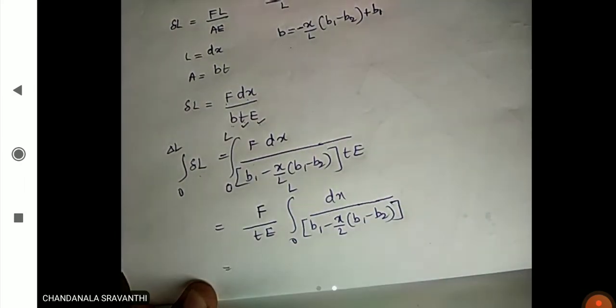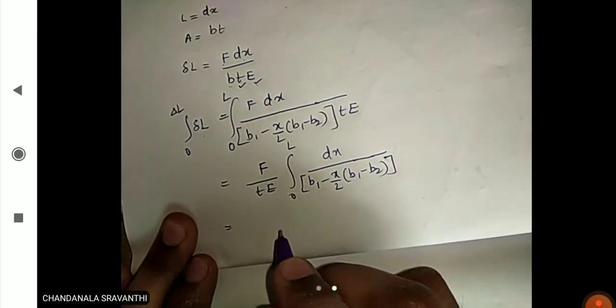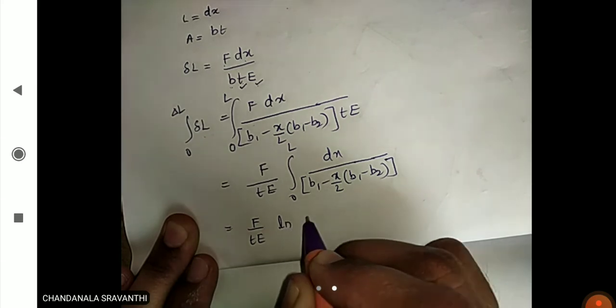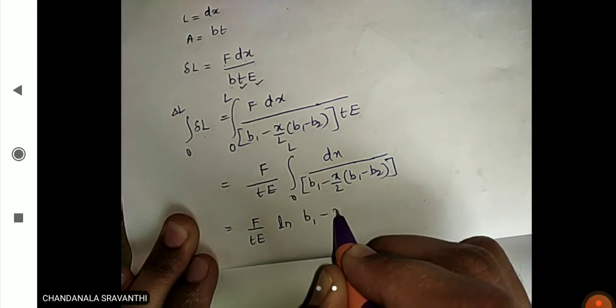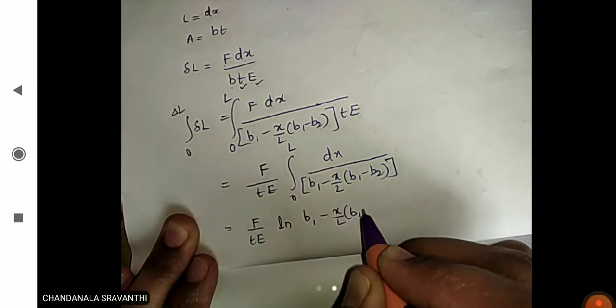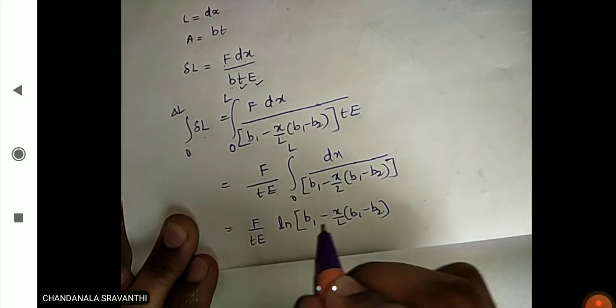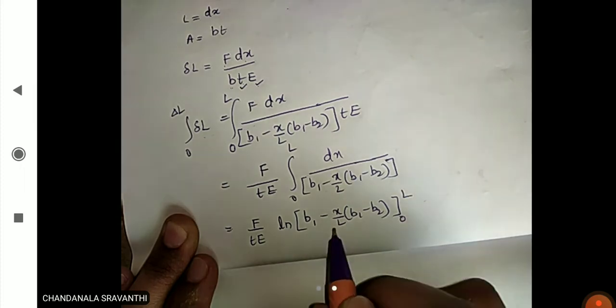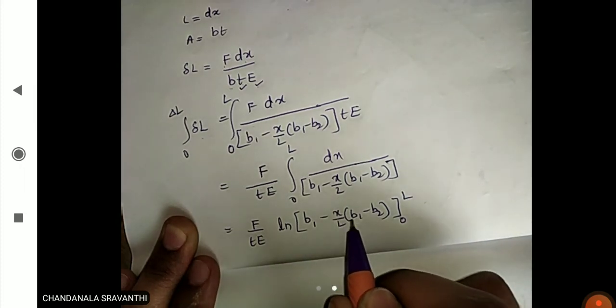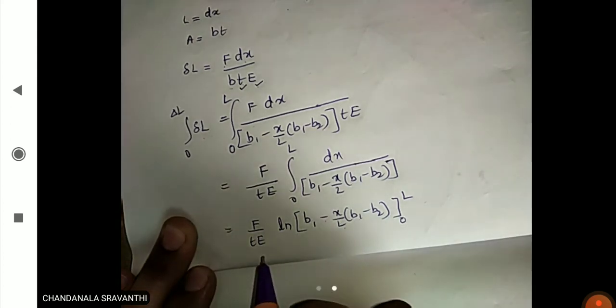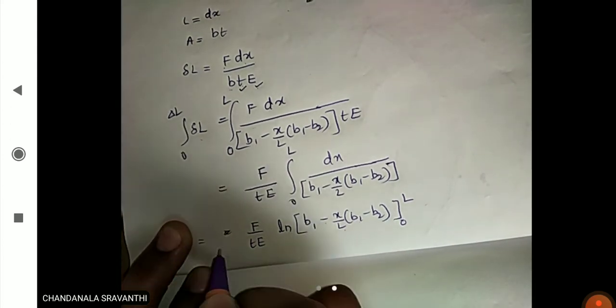So this becomes F by T E ln of (B1 minus x by L into (B1 minus B2)), with x limits from 0 to L, and the constant term is minus of (B1 minus B2) by L, so put that constant here.